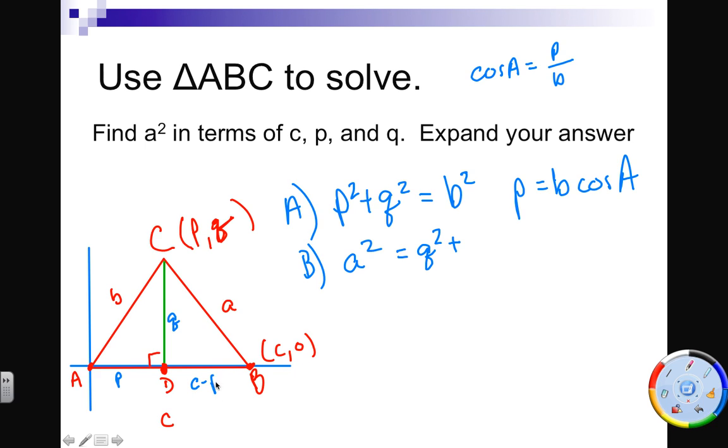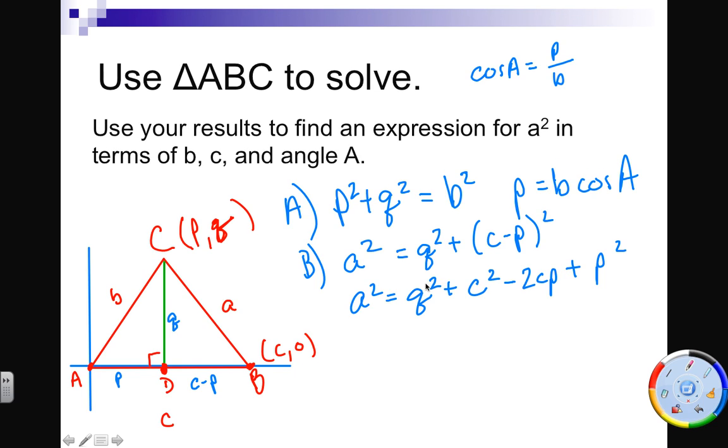So this is c minus p. So plus c minus p squared. We want to expand this. If I FOIL this out, I get c squared minus 2cp plus p squared. Okay, so I now have a squared in terms of c, p, and q.